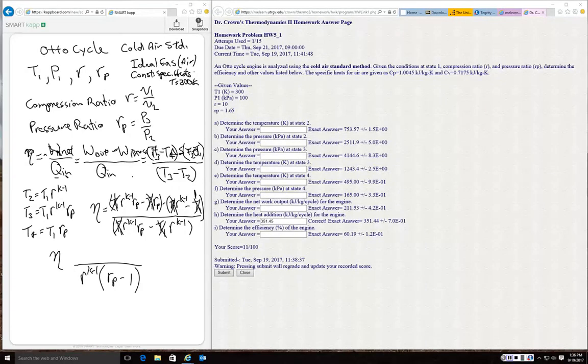Let's write out r to the k minus 1 minus 1 times RP, and minus r to the k minus 1 minus 1.